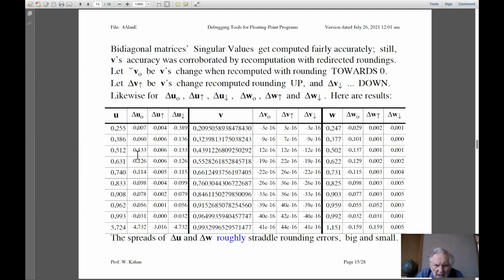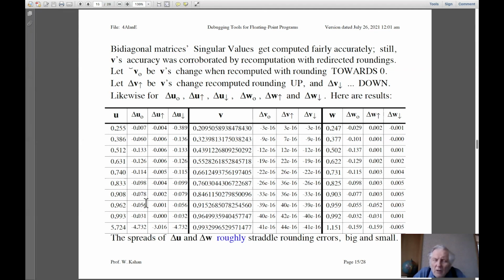You can see the variations in these elements, the spread among different ways of computing, different directions of rounding. That spread is something of the order of, well, it's like 4 down here. That's rather unusual. But the other spread is something of the order of 0.05. Should we be concerned that these deltas are not on the order of 10 to the minus 16th?